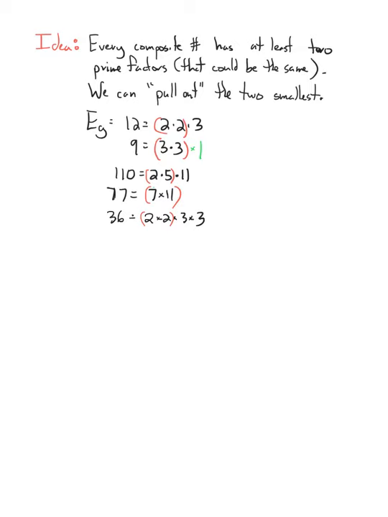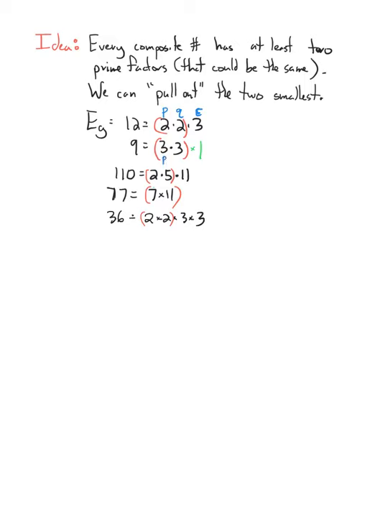To understand the notation I'm about to use, I'm going to call one of the small primes P, the other small prime Q, and the rest I'm going to call C. So in the case of 12, P and Q are 2 and 2, and C is 3.